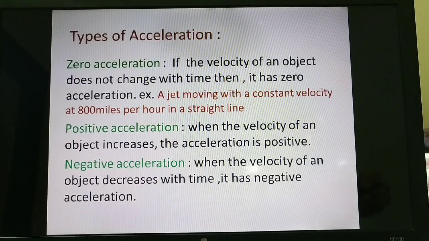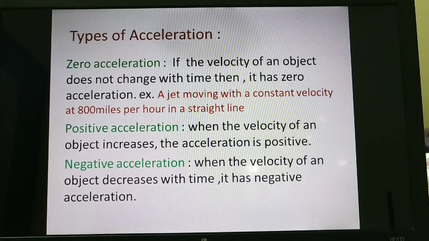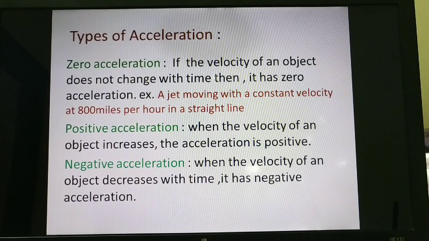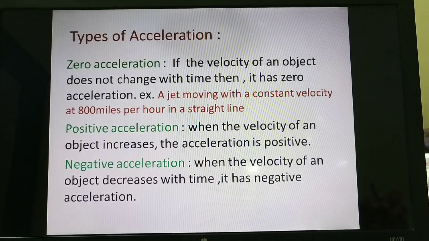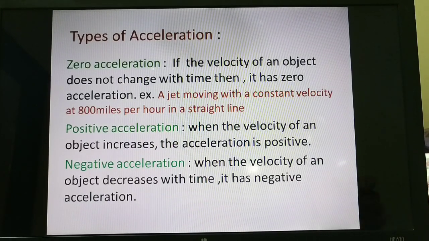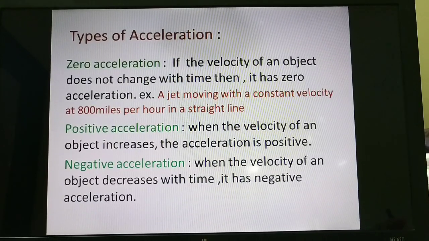If final velocity is 800 kilometers per hour, initial velocity is also 800 kilometers per hour. So 800 minus 800 becomes 0. So 0 upon the time will also become 0.